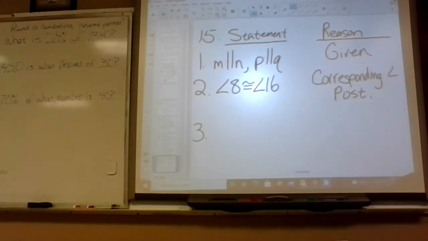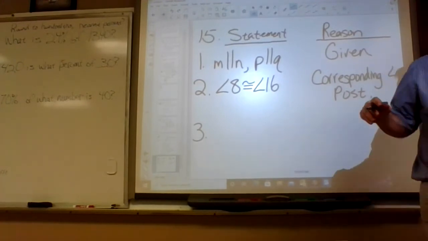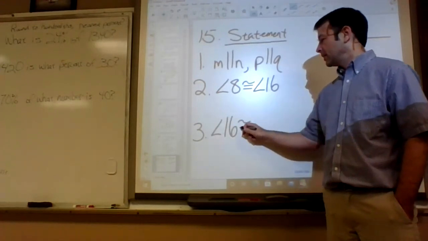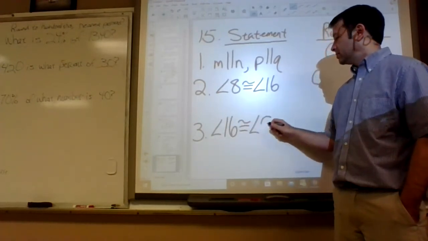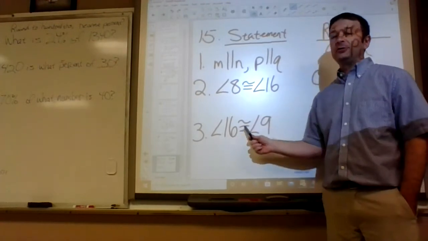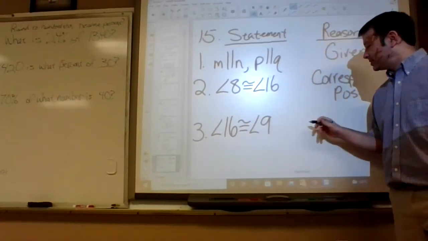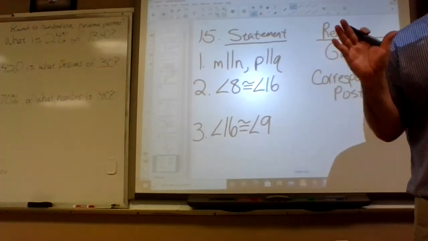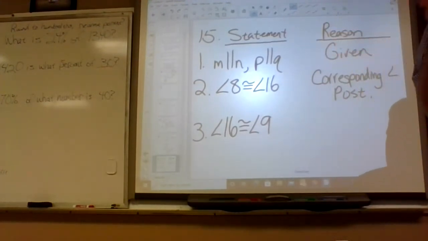So we just said that 8 is the same as 16. 9 and 16 are outer, or exterior. Are 9 and 16 the same? Yeah, they're exterior. And exterior ones are congruent. I also know 16 is the same as 9 because alternate exterior angles are congruent.